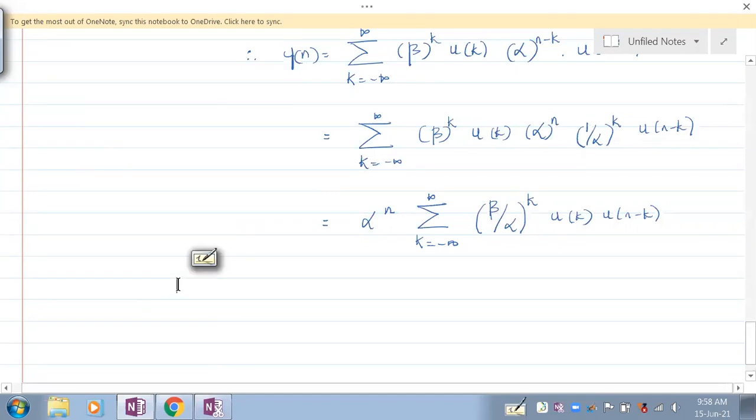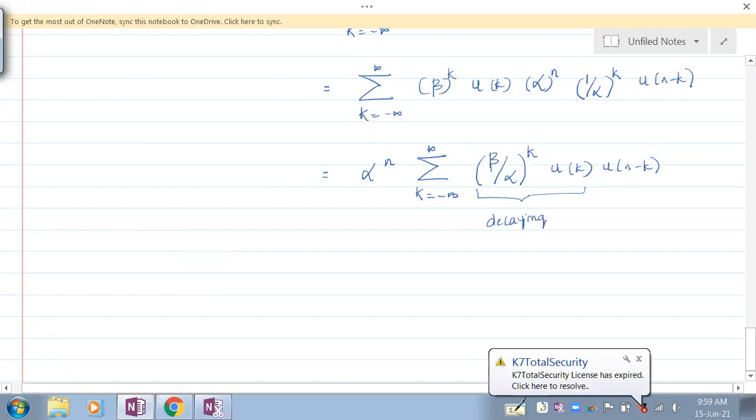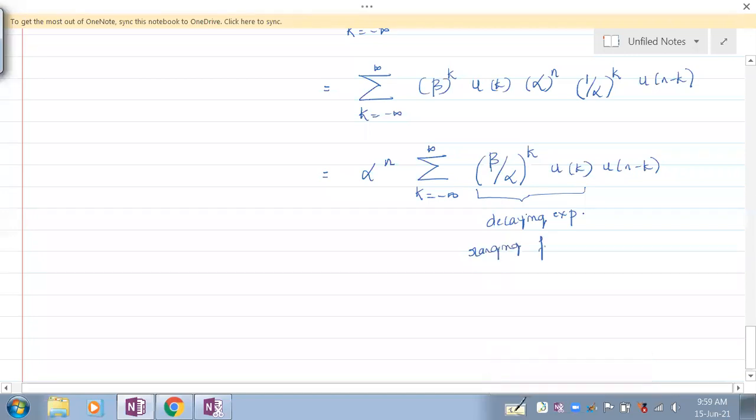Now we need to sketch this. This is a decaying exponential, mind you, ranging from 0 to infinity.